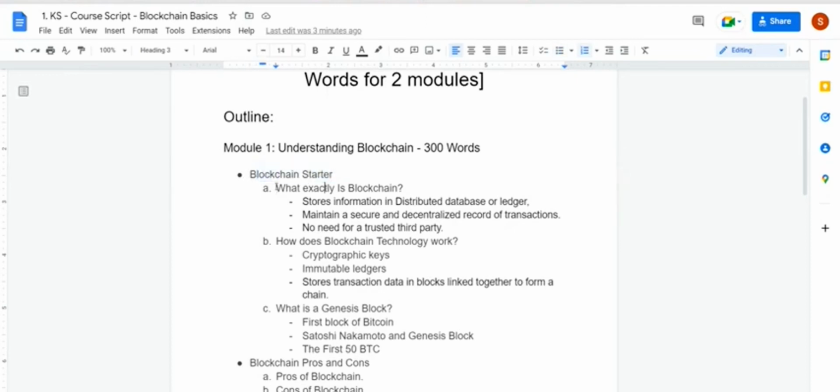This point is covering what exactly is blockchain, how does blockchain technology work, what is a genesis block, and for each topic we are setting out the key talking points. For how does blockchain technology work: cryptographic keys, immutable ledgers, stores transaction data in blocks linked together to form a chain.